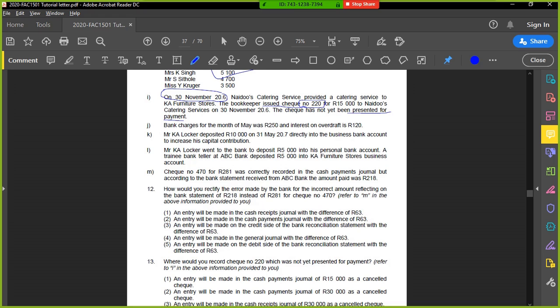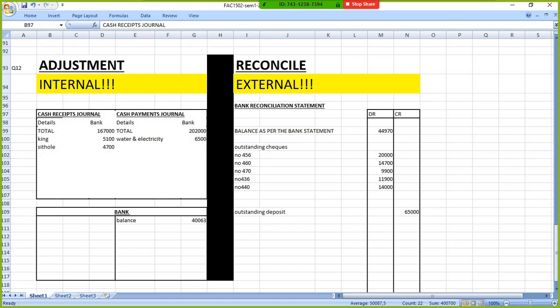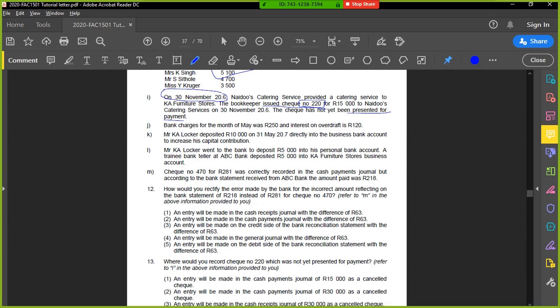The bookkeeper issued a check for 15. The check has not been presented for payment. So check number 220 would be stale. Where do you put stale checks? Not sure. Okay, stale checks you need to adjust. Right, who paid who here? We paid. Yes, you paid.